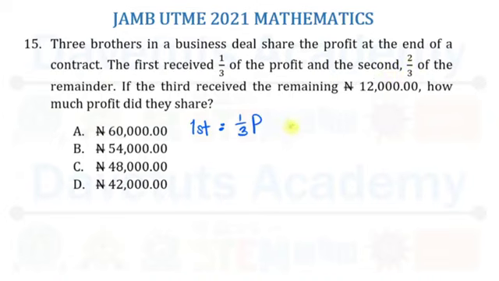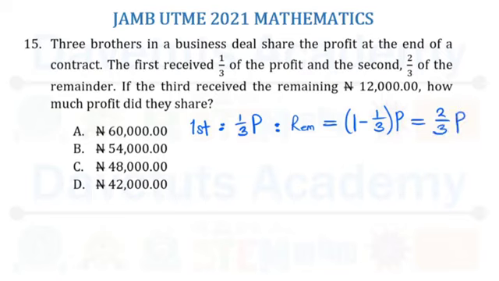So before we go to the second, we need to find the remainder, okay? So here, if 1/3 is gone, the remainder will be 1 minus 1/3 of P. And that is just as if you are saying 3/3 minus 1/3. So that will just be 2/3P.